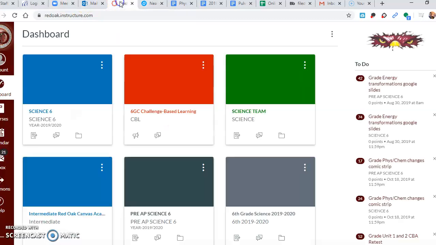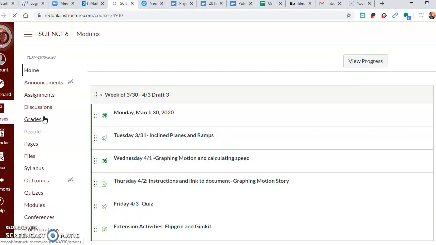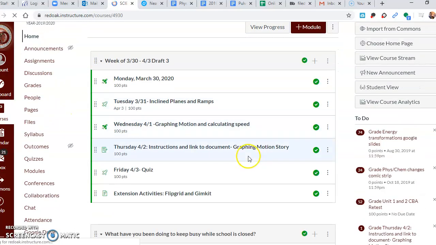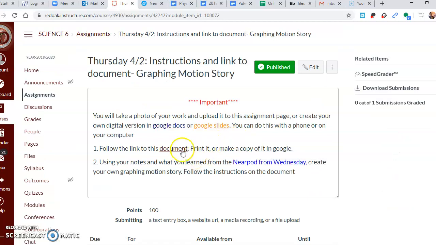Now I'm going to go back to our dashboard, and I'm going to look at what we're doing today on Thursday, graphing motion story. And I'm going to pull up the link to the document.